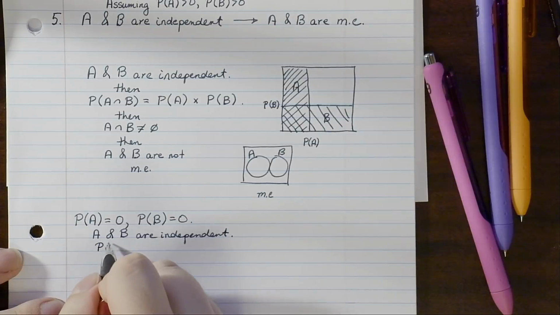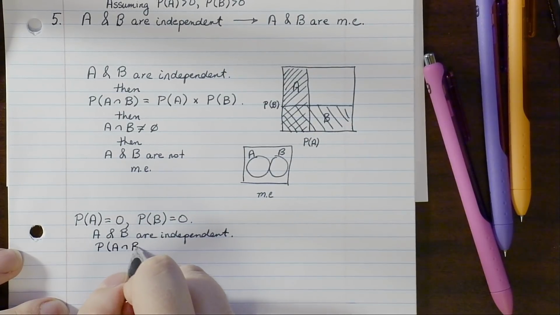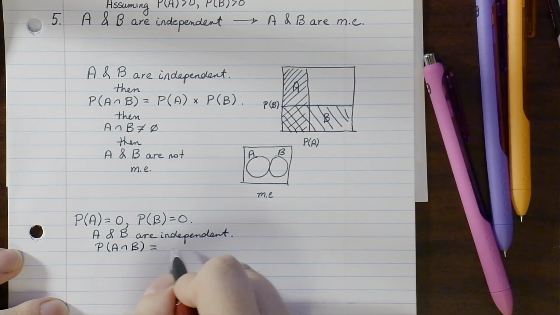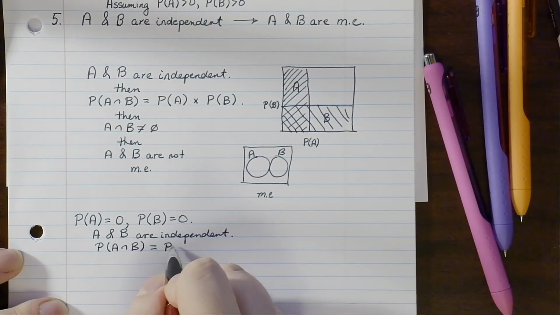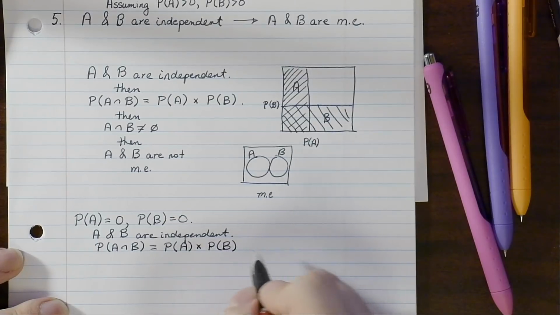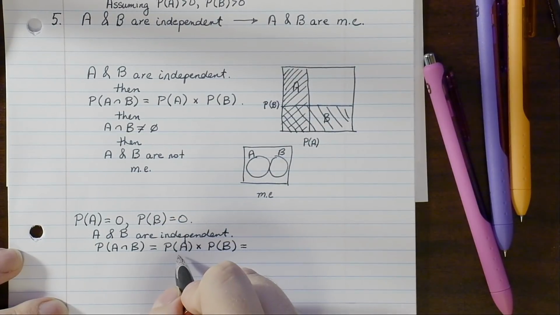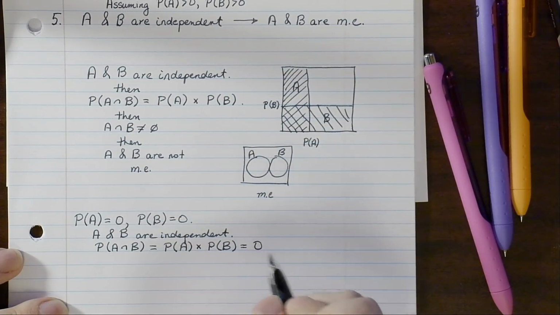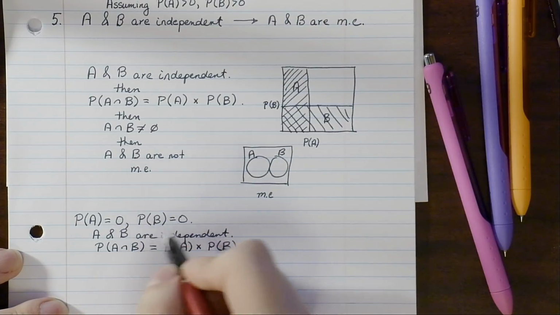Since they're independent, we can use that formula, probability of A times the probability of B. But not necessarily both of them have to be 0.